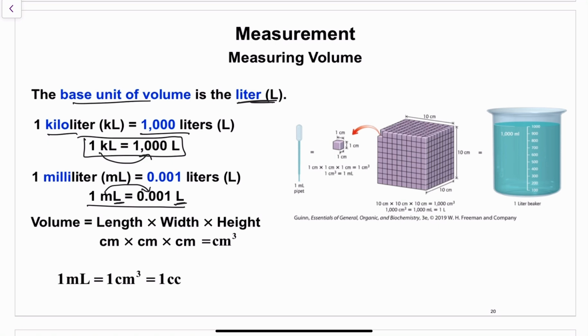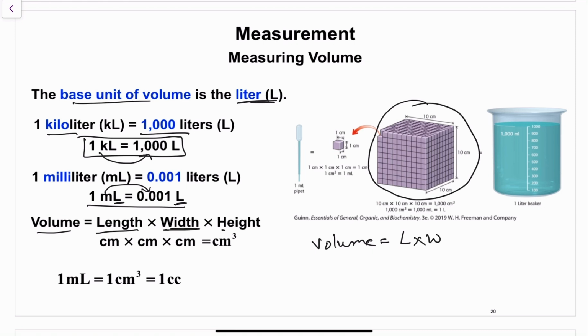For example, if we want to take the volume of a cube, if we say over here, this is a cube, so the volume of the cube is always length times width times height, right?